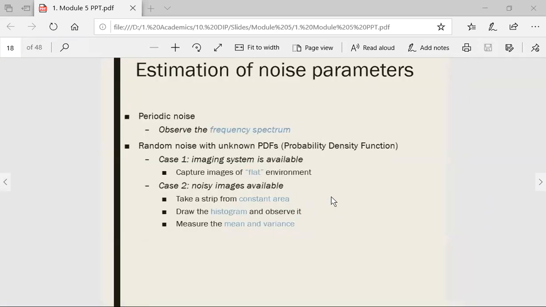Estimation of noise parameters. For periodic noise, first observe the frequency spectrum. For random noise with unknown PDFs, that is probability density function, which we learned in module 4, we will be using two cases. Case 1: the imaging system is available, capture images of a flat environment.